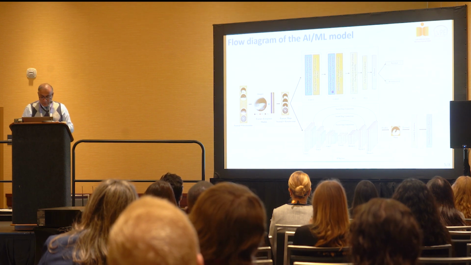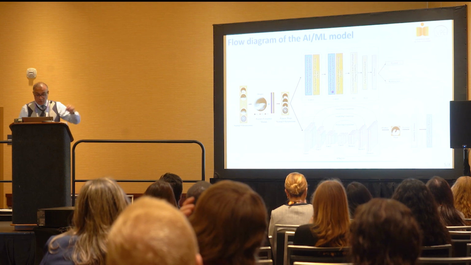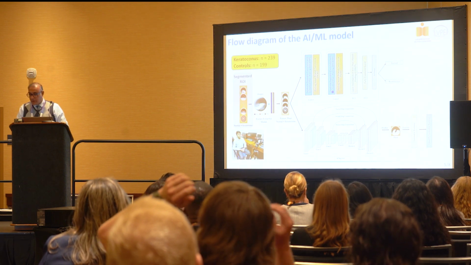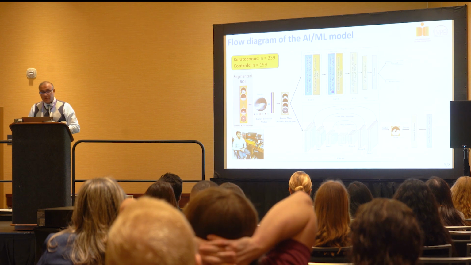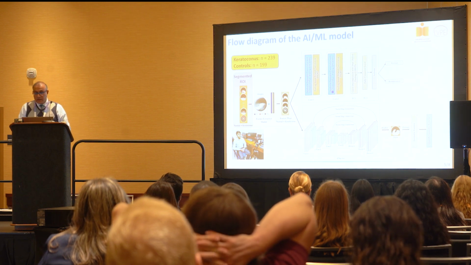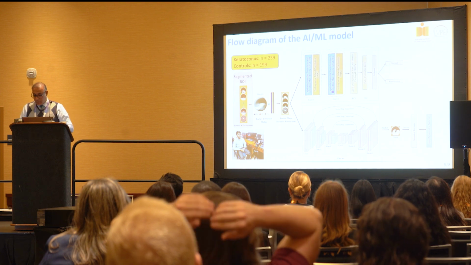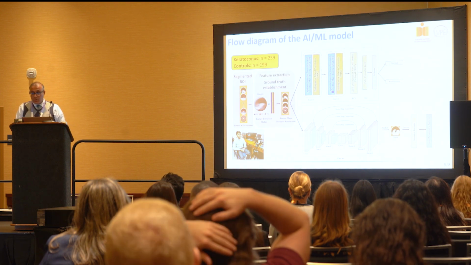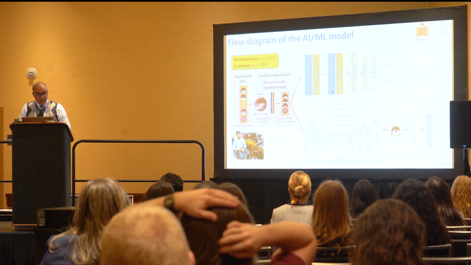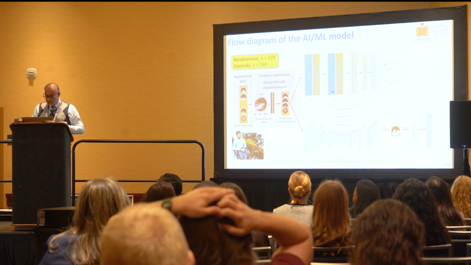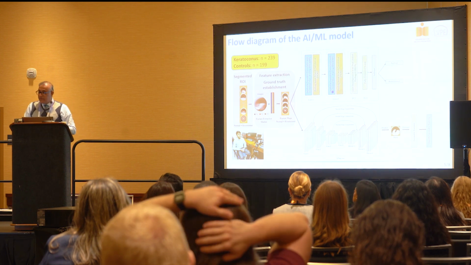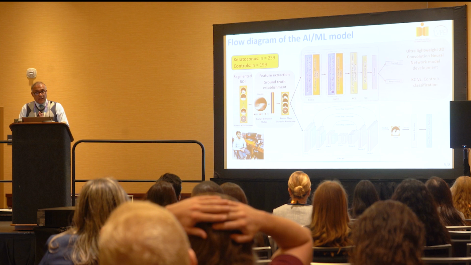So once pre-processing, this is the entire workflow of our model. Once the pre-processing is over for the 239 eyes with keratoconus and 199 controls, we've got a lot more data now that we are putting the model through. Ground truth assessment happens with experienced clinicians who are used to seeing these images. And then we delve into two different AI models.